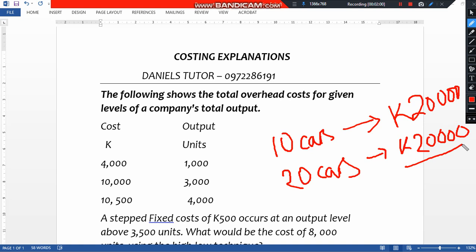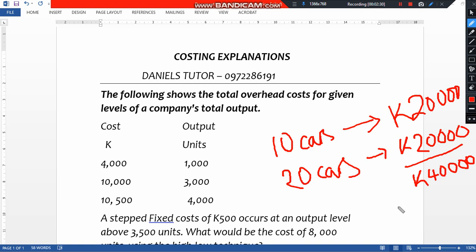But the fact that output has increased means that you need to rent another showroom in order to keep your units. So you've seen here, fixed costs can also increase, but they've increased because your production has doubled, or your production needs another factory to produce all the units.